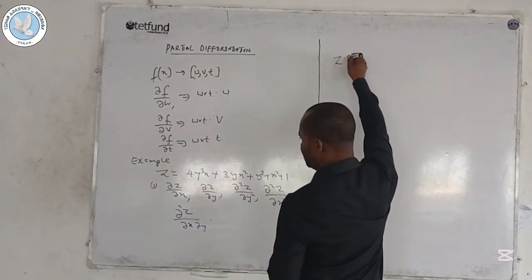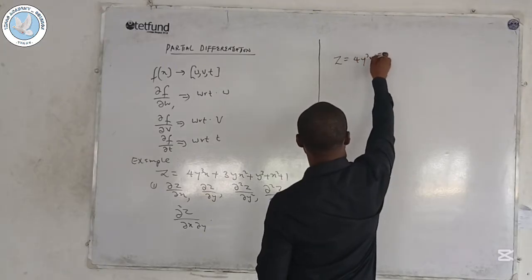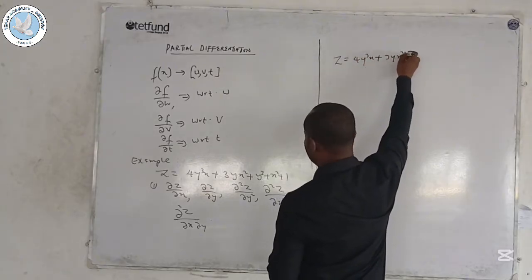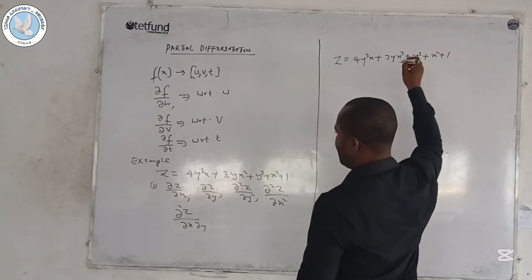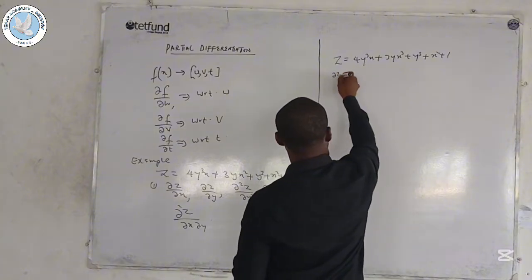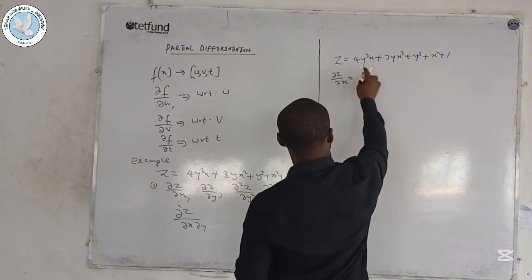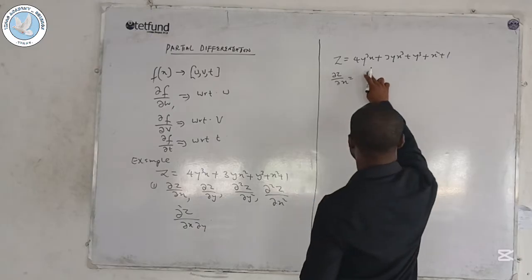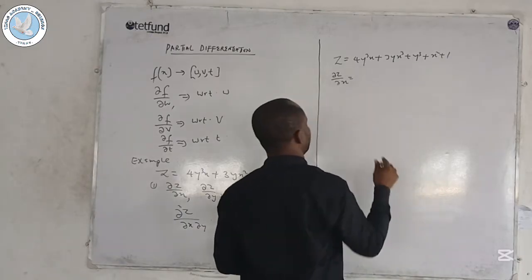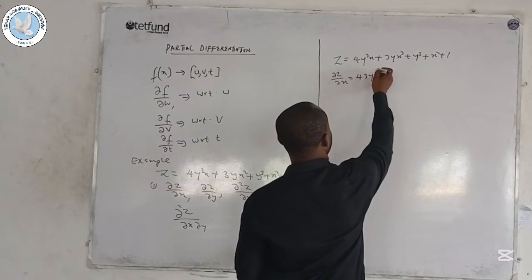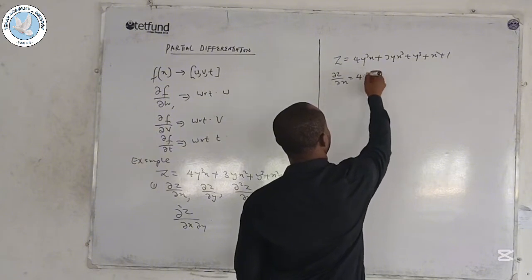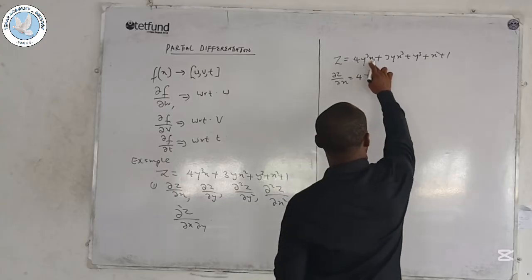You're going to write what we're given plus 3yx plus this plus 1 for dz dx with respect to x. It means that we are keeping y constant. So at this point we have 4 times 3. Sorry, we're going to have 4y, y is constant, and this is differentiated.